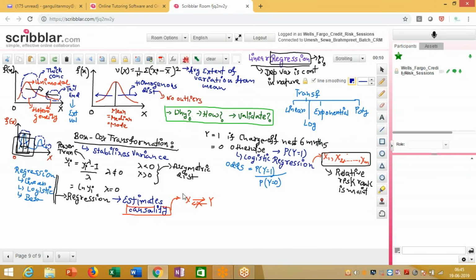There are more advanced regression models, the structural equation models, where you talk about two-way causality. But over here, we are trying to talk about unilateral causality.